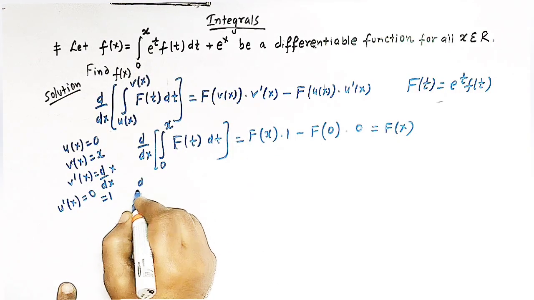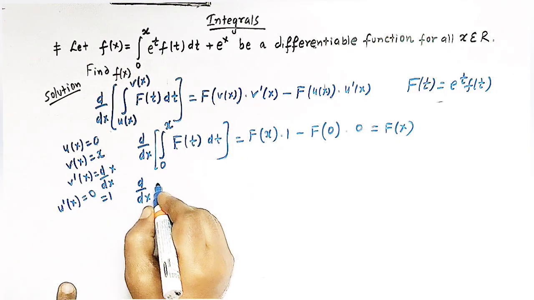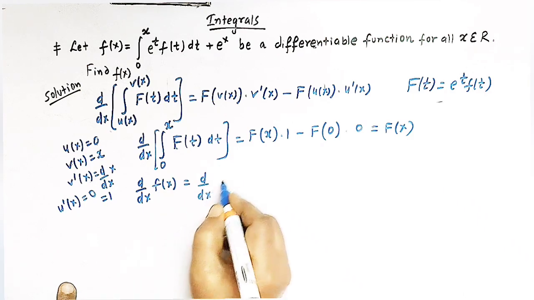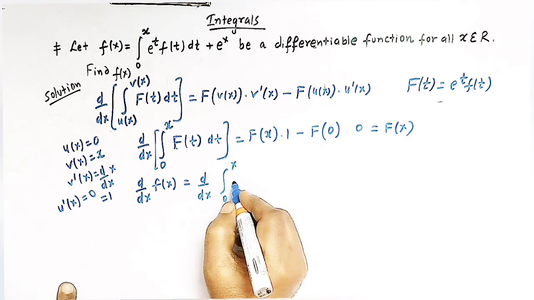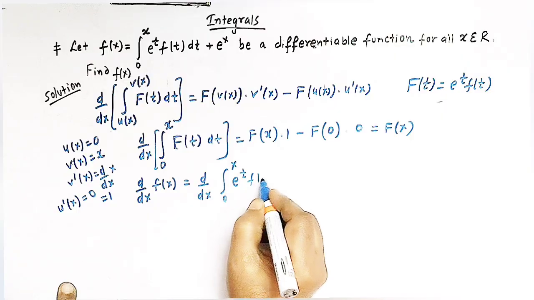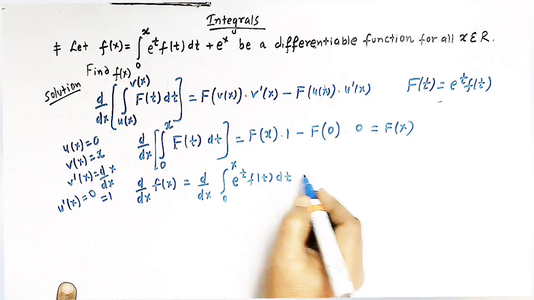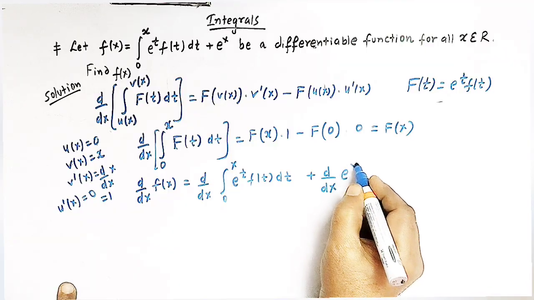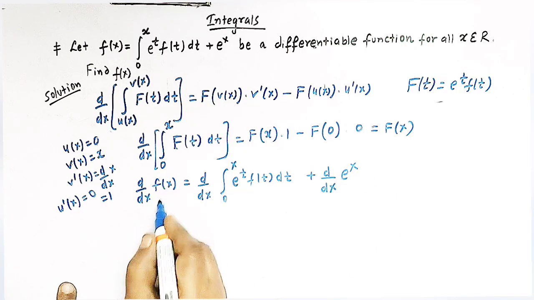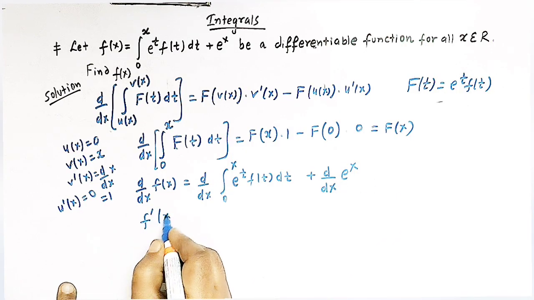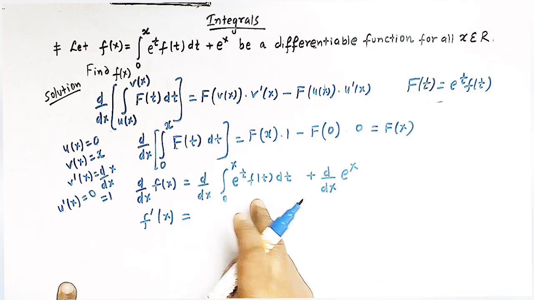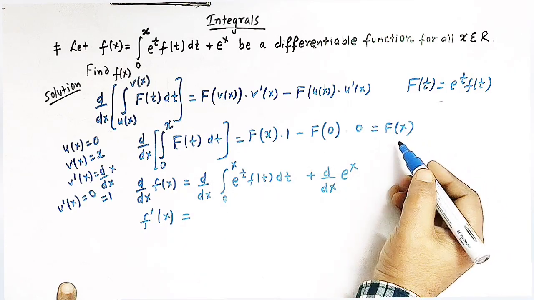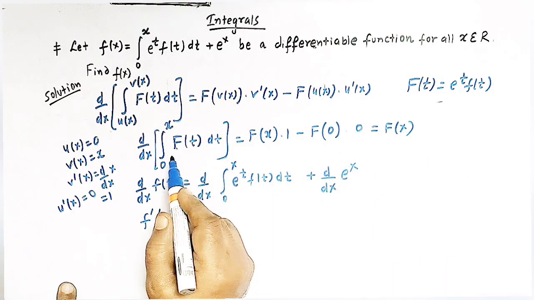So now let us differentiate both sides. So we have d by dx of f of x, and then we have d by dx of the integral 0 to x e raised to t f of t dt, and then here we have d by dx of e raised to x. Now this is simply f prime of x, and the derivative of this integral can be calculated by using this rule.